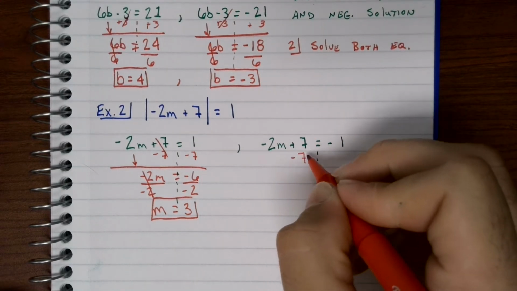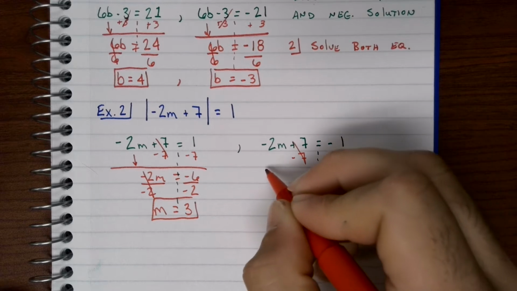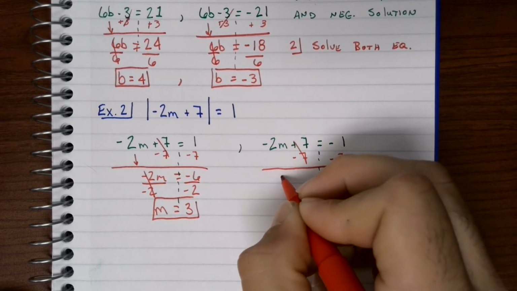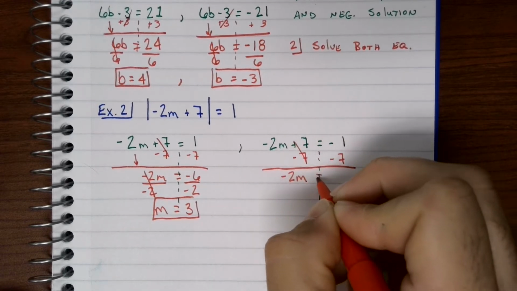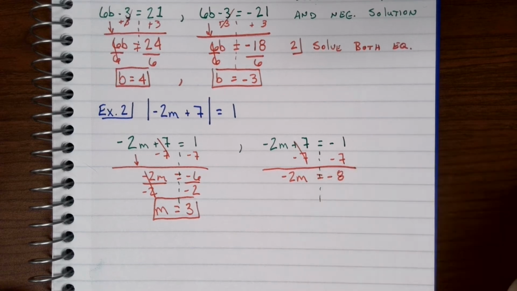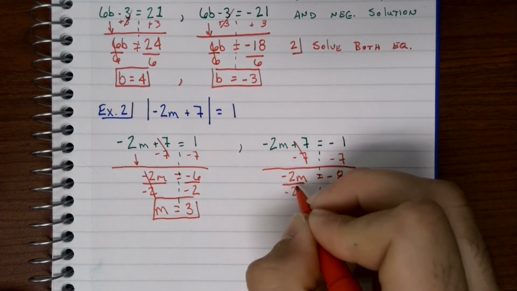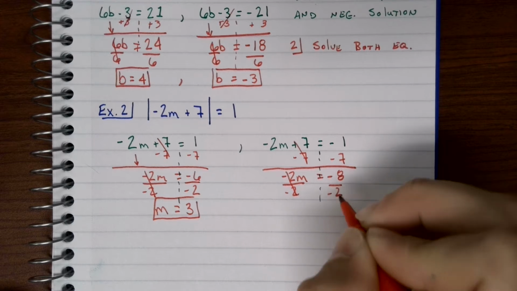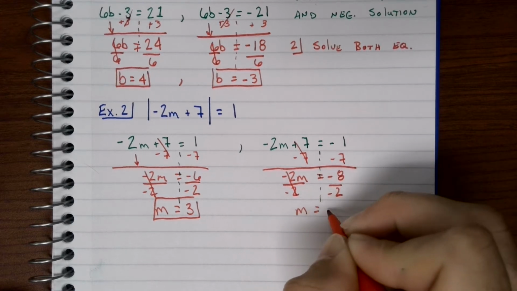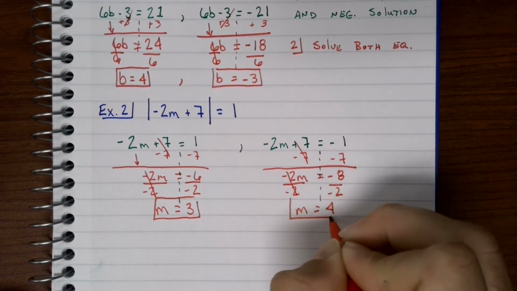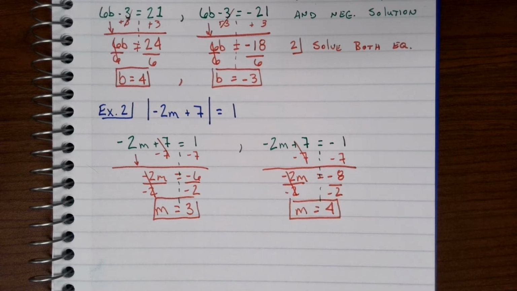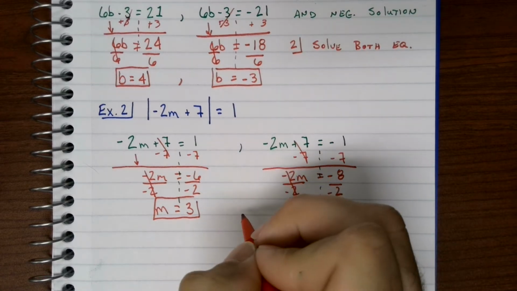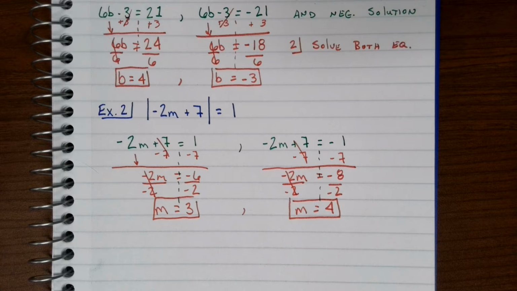We subtract 7 from both sides. We're left with negative 2m equals negative 8. Divide both sides by negative 2, and m equals positive 4. Those will be my two solutions. Make sense?